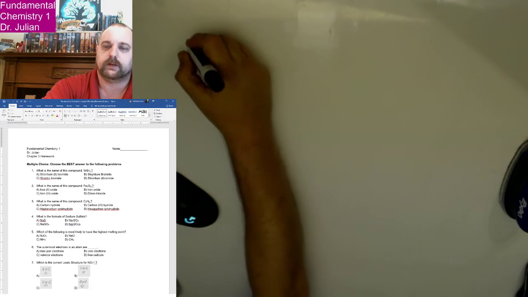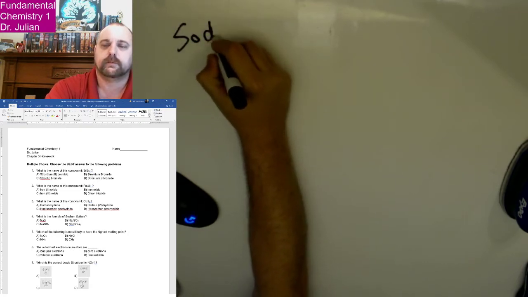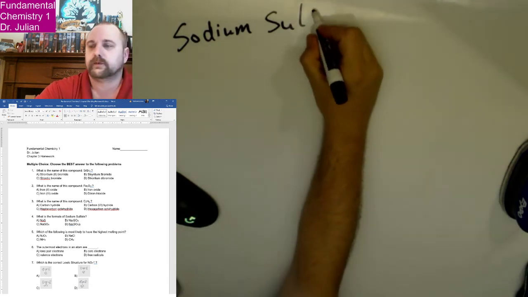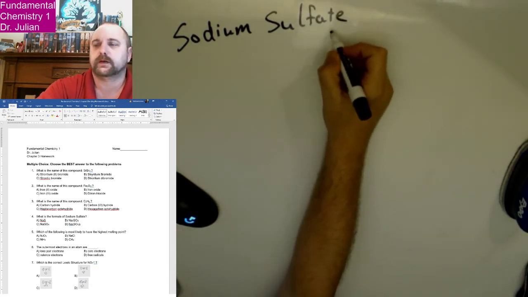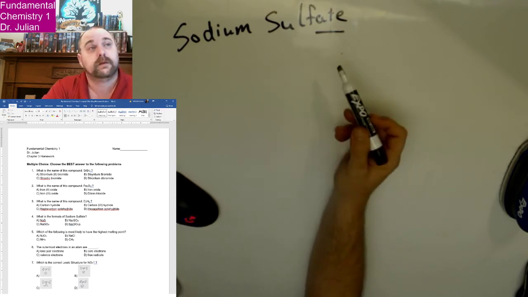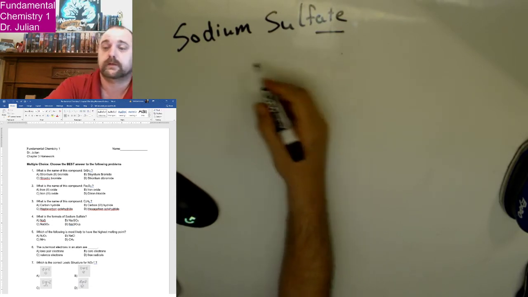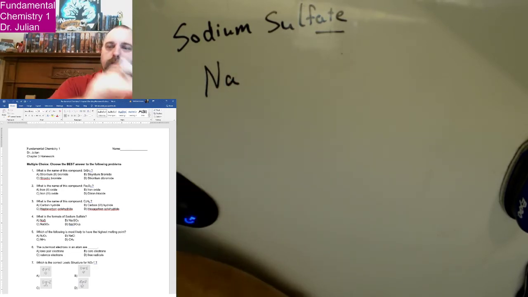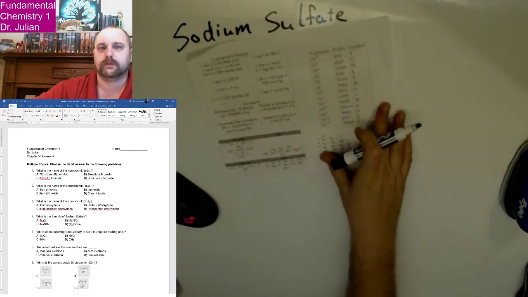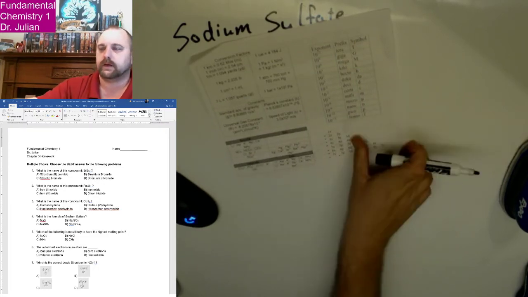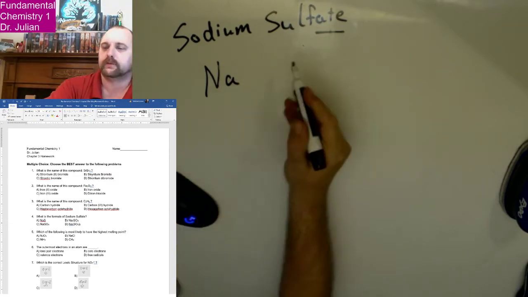So sodium sulfate. Here we go with sodium sulfate. Now here's a giveaway. That sulfate doesn't end in -ide, so it's one of our polyatomic ions. So sodium, I've got to memorize sulfate. If I don't remember, I can sometimes go over here and I find sulfate, and I recognize it now. It's that SO4 with a -2.